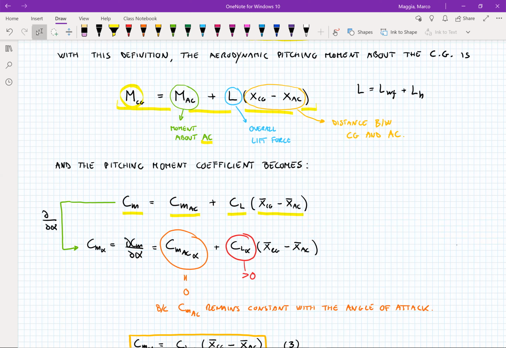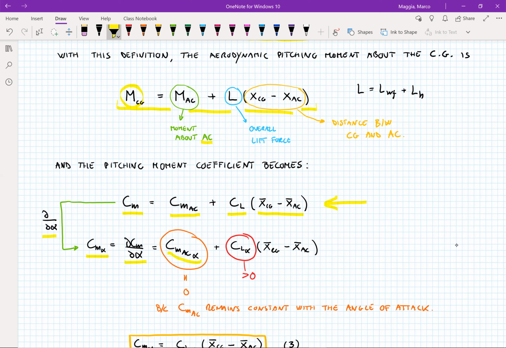Again, our objective is to find an expression for Cm alpha that relates to the geometry of the airplane. So what we're going to do now is to take the derivative with respect to alpha of this expression over here.